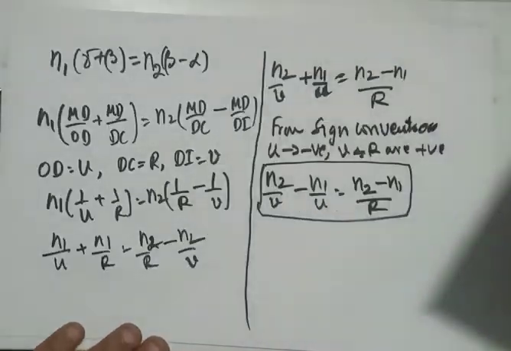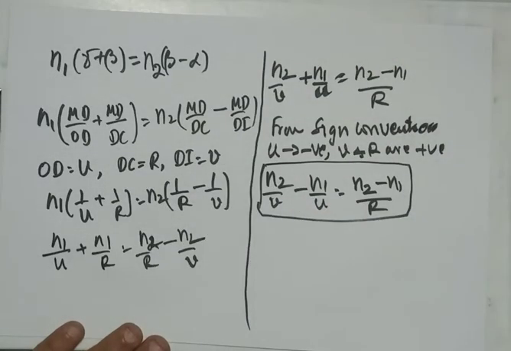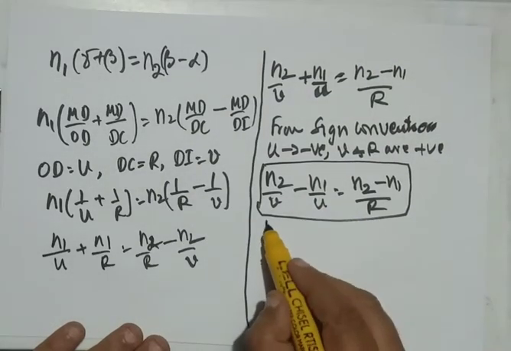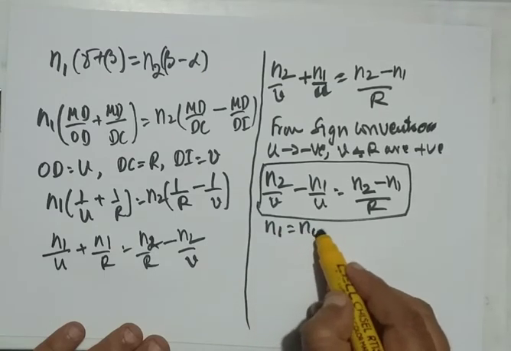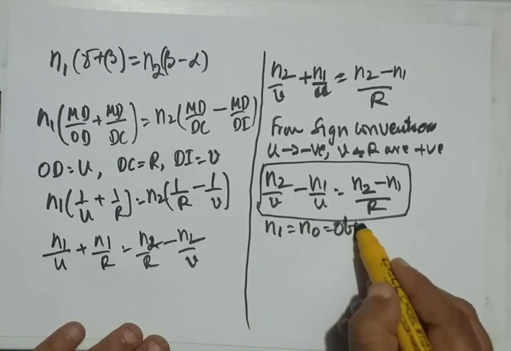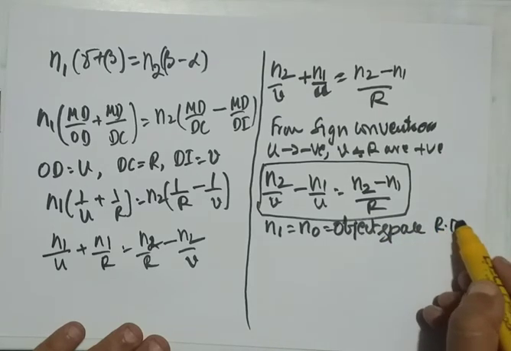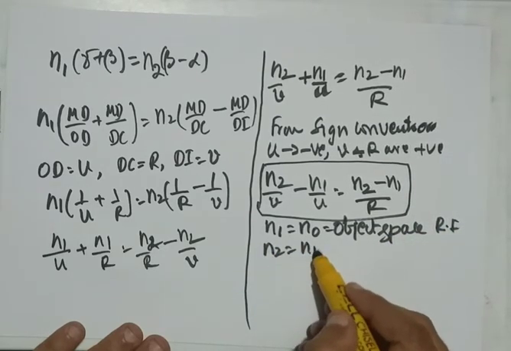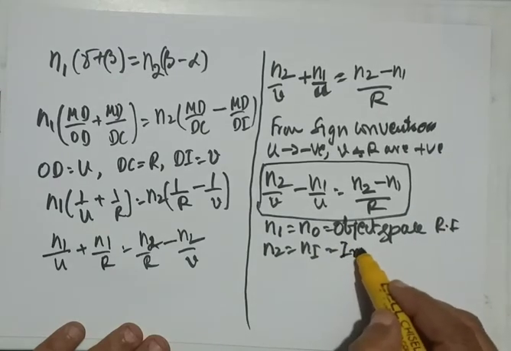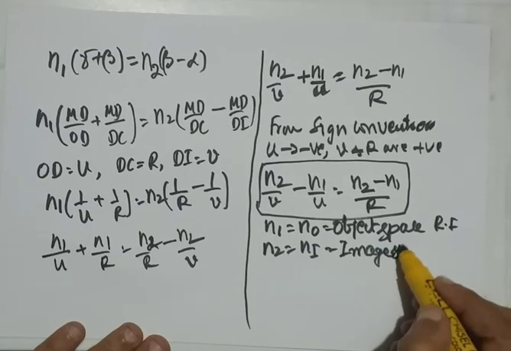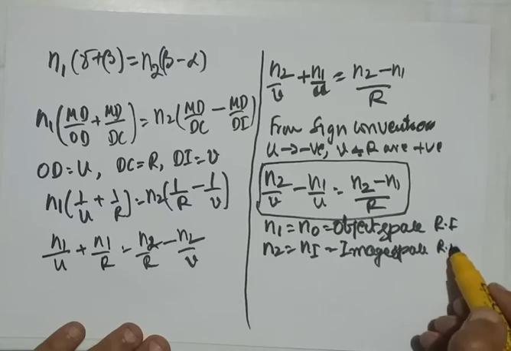Now, with this idea, we can write the equation we have derived with n1 equals NO, the object space refractive index, and n2 equals Ni, the image space refractive index.